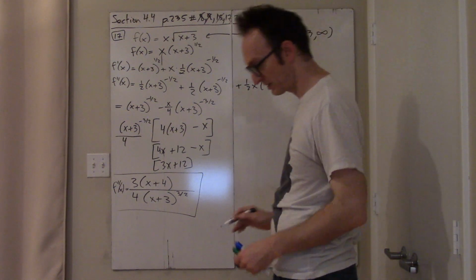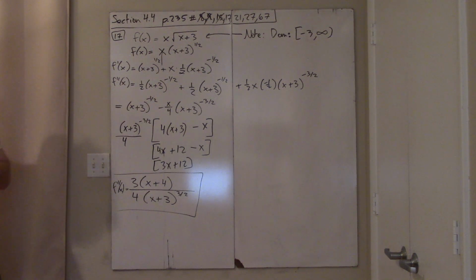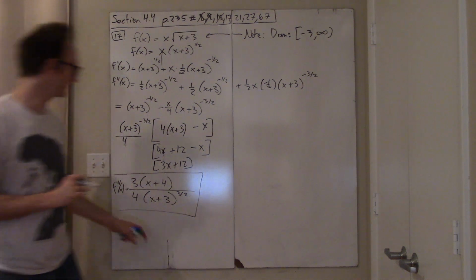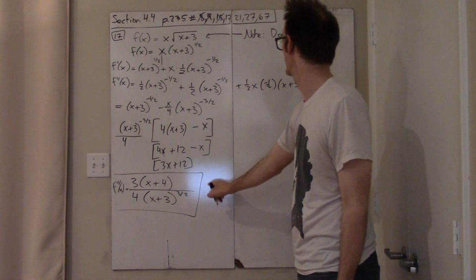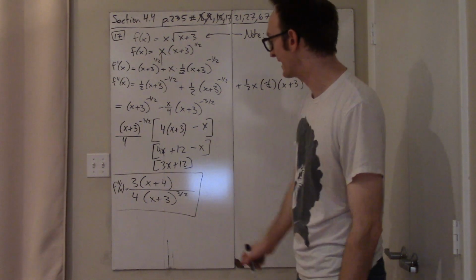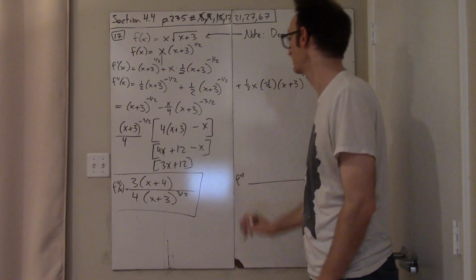If you plug in anything less than negative 3, it will be undefined. And so, after all this work, I actually find that this is a little bit of a silly problem, because I'm now forced to make a sign chart for this. And what does the sign chart for this second derivative look like?